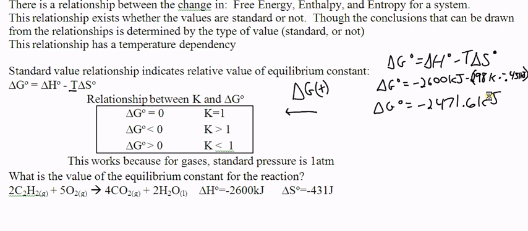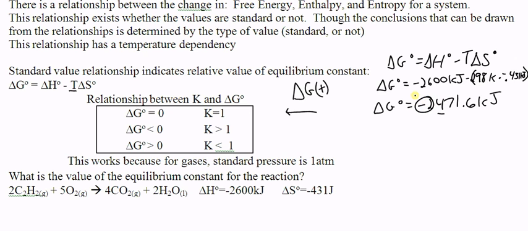And I feel like I'm carrying a fair number of extra sig figs. It looks to be that probably should be somewhere around 2 or 3 sig figs, so closer to something like this. So with that being said, we have a relatively negative delta G value.